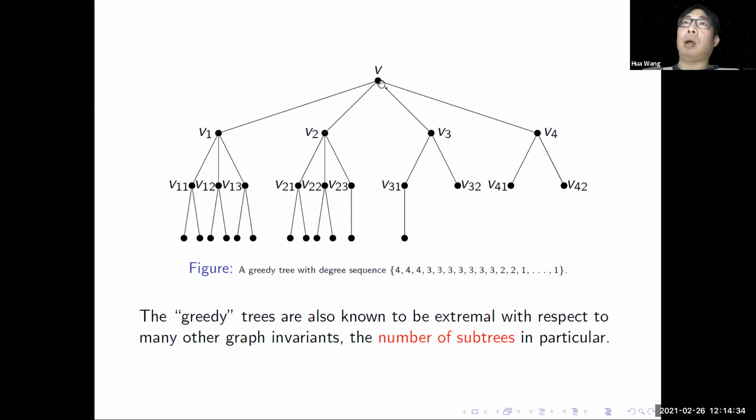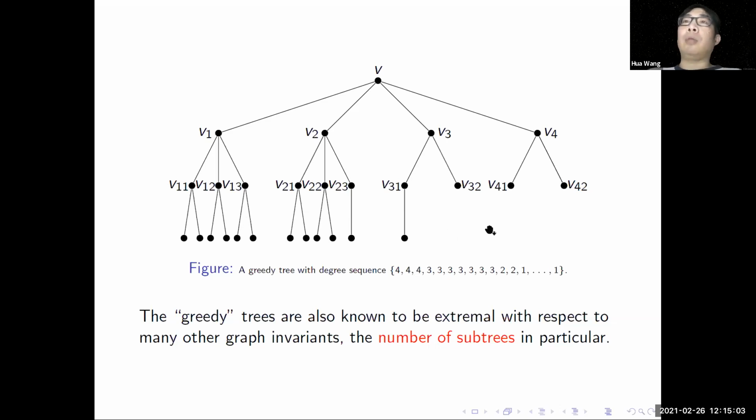Think of it as the center of this graph or the center of the star, except that star is not an option here. And then if you want as many vertices to be close to this vertex as possible, you want to give it the largest degree. And then you want as many vertices to be close to the neighbors of it as possible. So you give it the remaining largest degree, in this case, 4, 4, 3, 3. And then you keep going down the degree sequence.